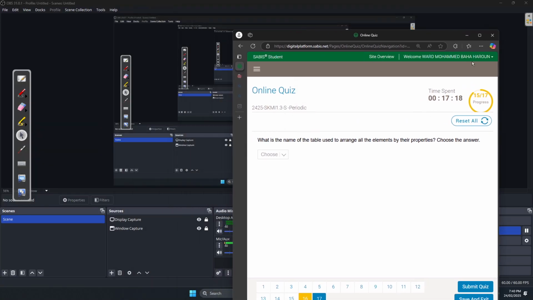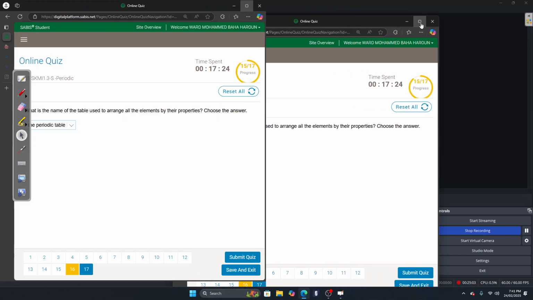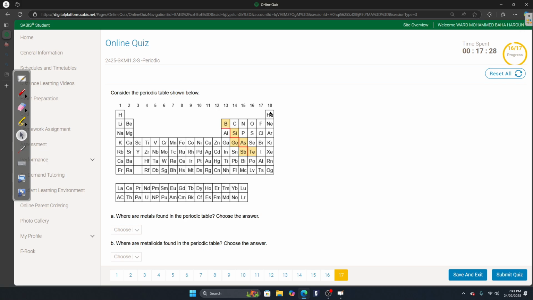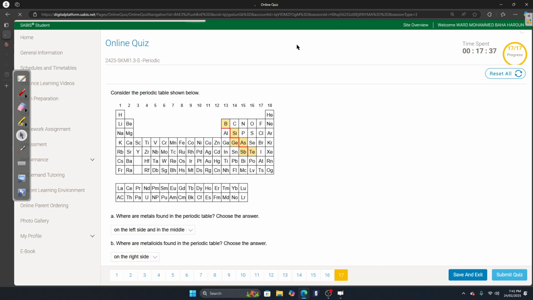What is the name of the table? No way you guys are asking this. Okay. Where are metals found? To the left side, in the middle. Where are metalloids found? On the right side. We explained this already. Ya Rab, I got all correct. Ya Rab, Ya Rab, Ya Rab. Please, please, please.